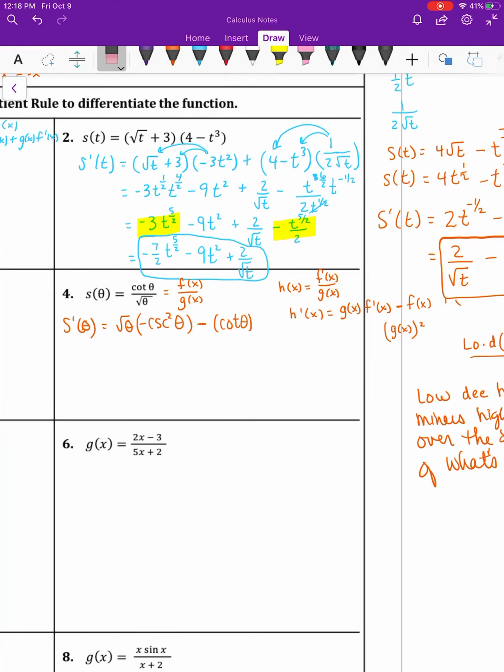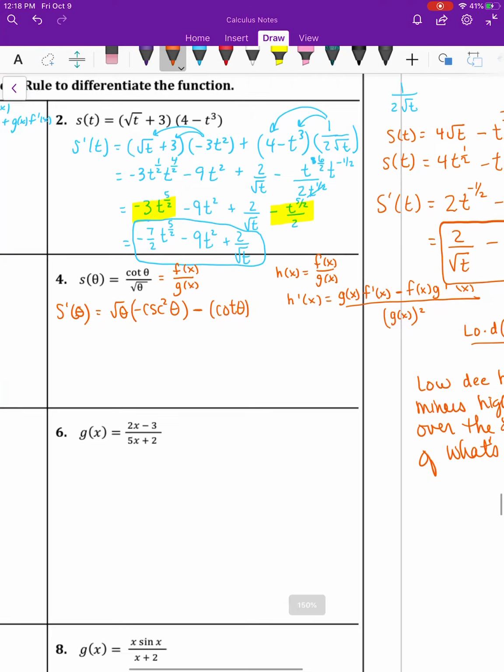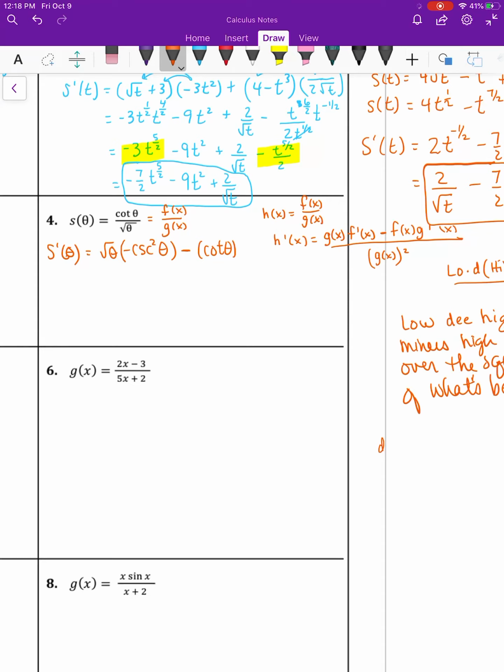So you are just finding d/d theta of theta to the 1/2. So that's going to be 1/2 theta to the negative 1/2, or 1 over 2 times the square root of theta, is your derivative.